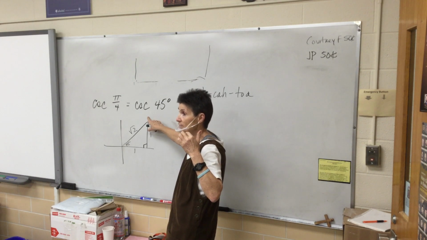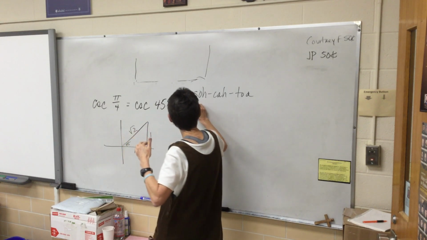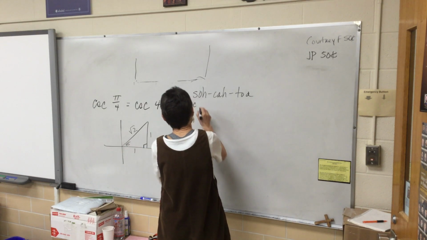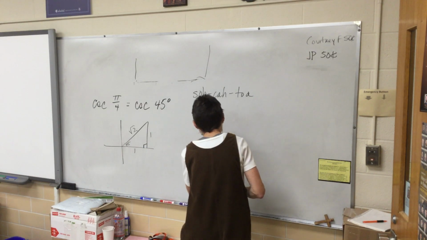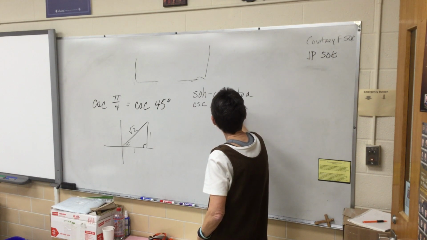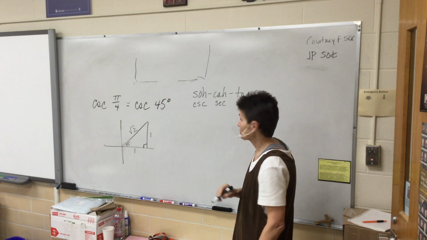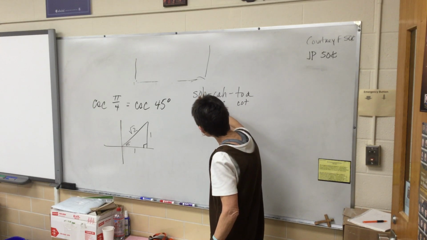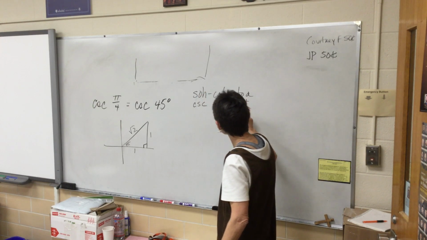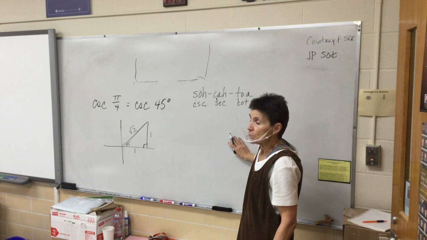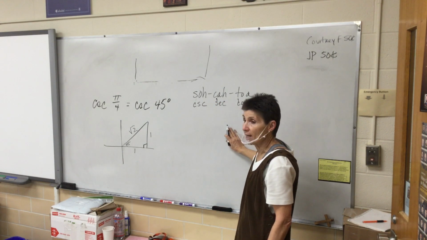It's the reciprocal of sine. Sine is the reciprocal of the cosecant. Cosine is secant and tangent is cotangent. Those are the reciprocals. I told you yesterday, in each pair, there's only one co in each pair. So the cosecant goes with the sine.